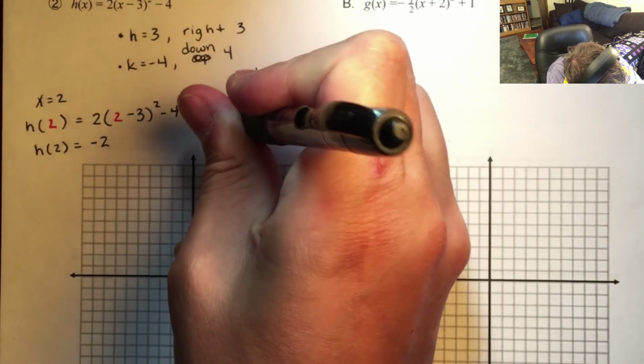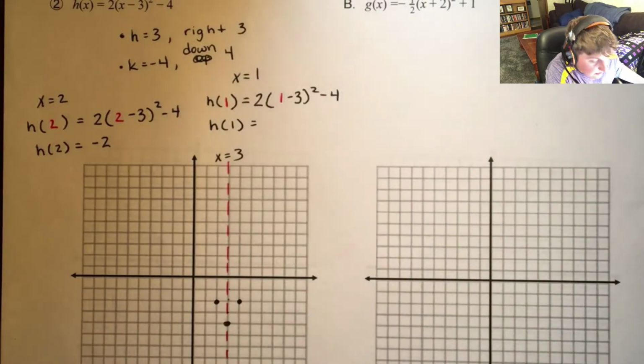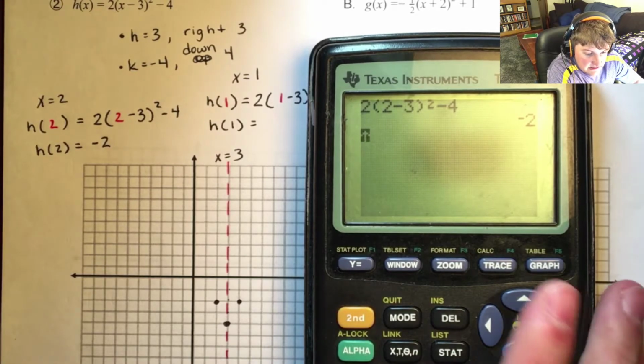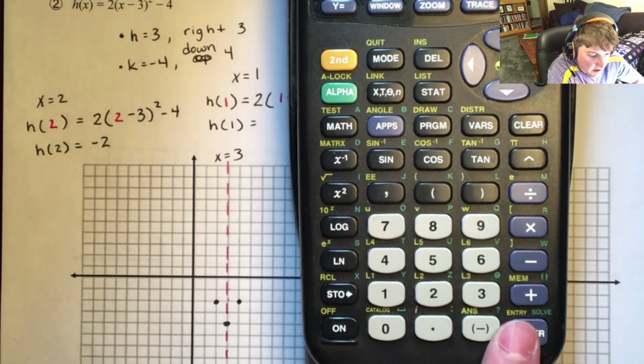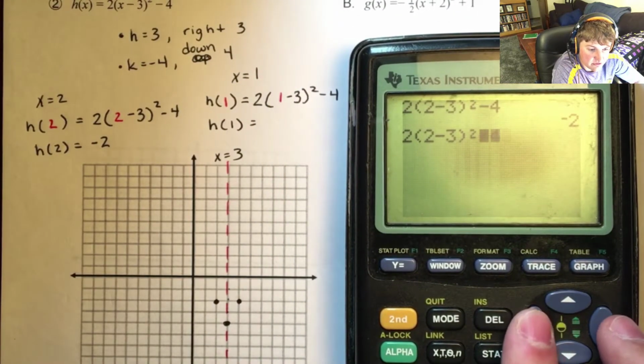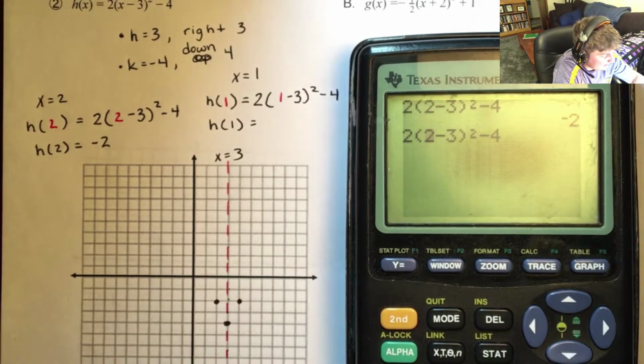That means h of 1 is going to be equal to... Let's go ahead. If you hit second and then enter, it will just copy what you had previously written, and then all I have to do is go in here and replace that 2 with a 1. Otherwise, you could just retype it in.